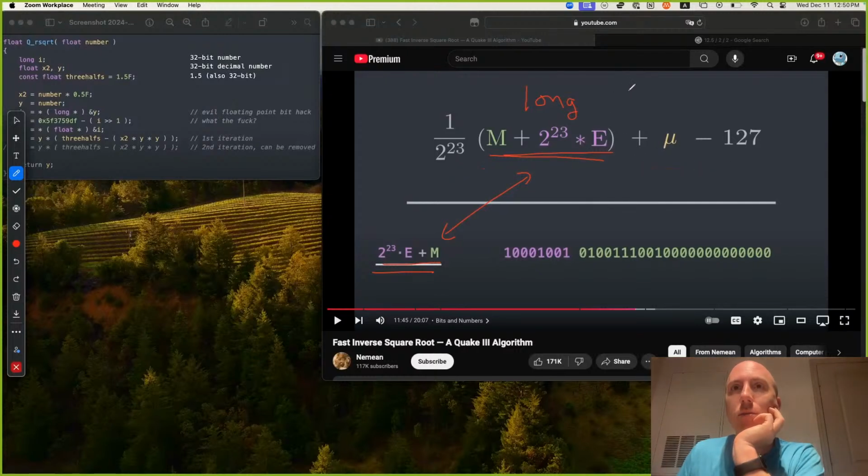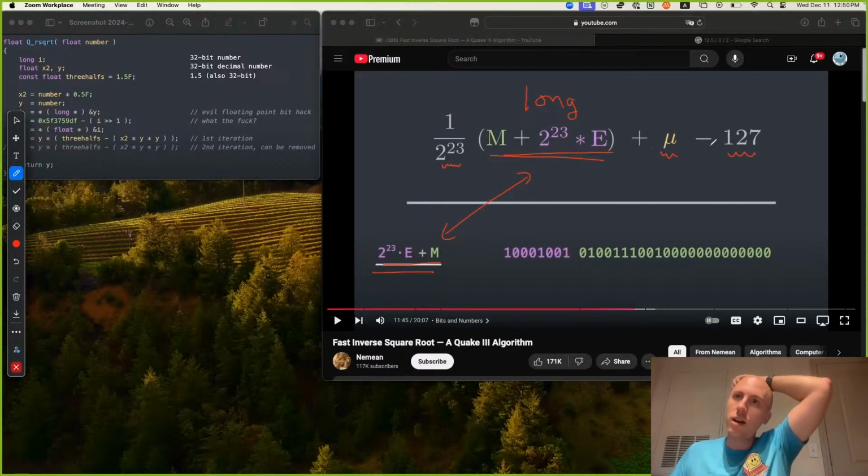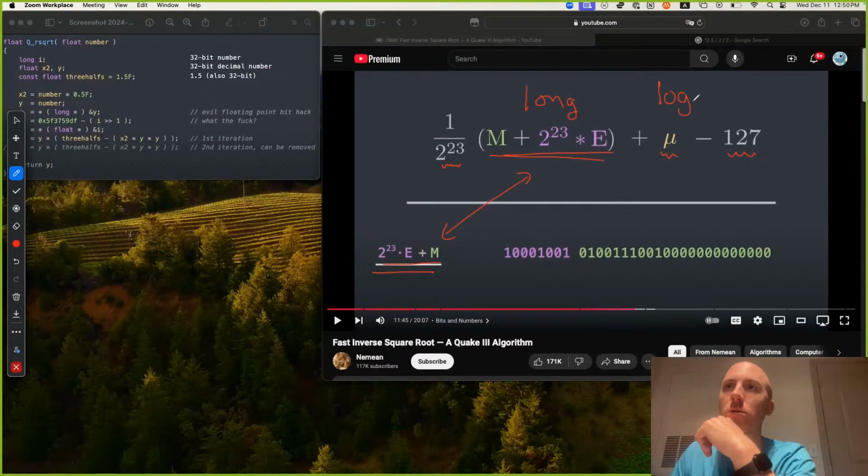So basically, if we start with a long and multiply it by this number, which shifts it down by 23, and add this number and subtract that, that's how we compute the log base 2 of that number.